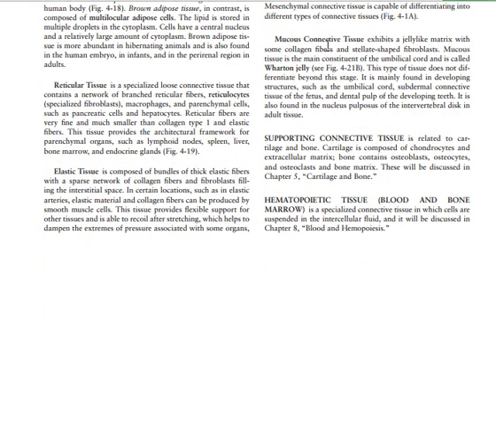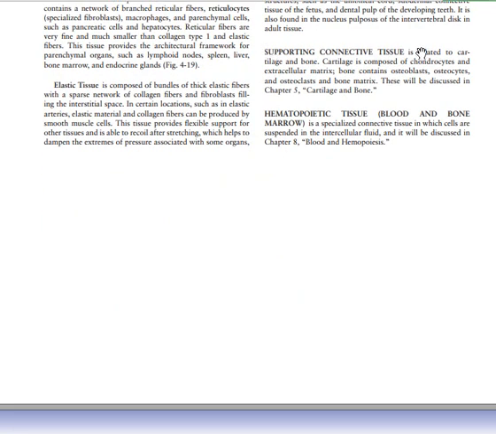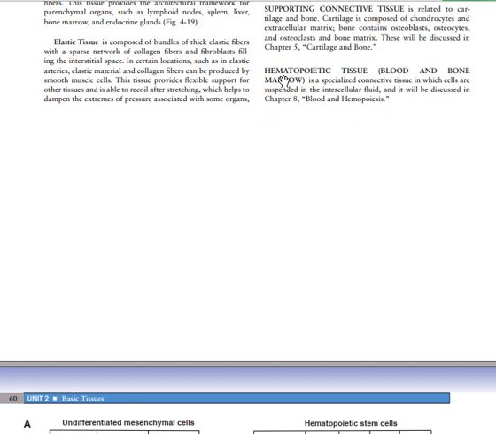Mucous connective tissue makes up the Wharton jelly, the jelly that covers the umbilical cord. Now we have supporting connective tissue, which supports the body, like the bones and the cartilage. And the last one is the hematopoietic connective tissue, which is involved with the blood elements.